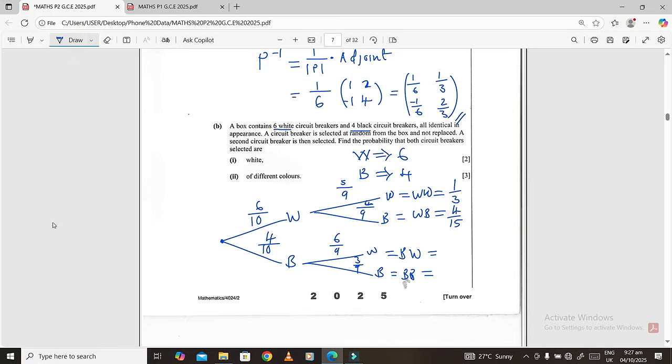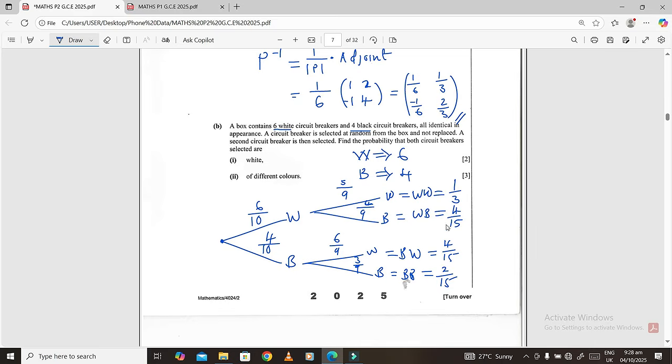We now come to this one, BW, which is here. It will be 4 over 10 times 6 over 9. This one is also giving us a 4 over 15. We go to the last one, which is 4 over 10 times 3 over 9. This is giving us a 2 over 15.